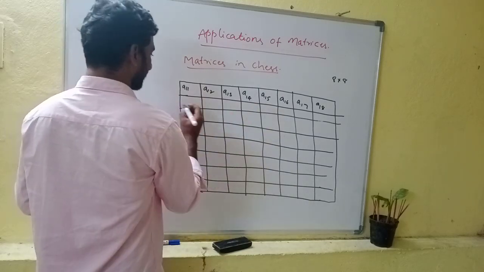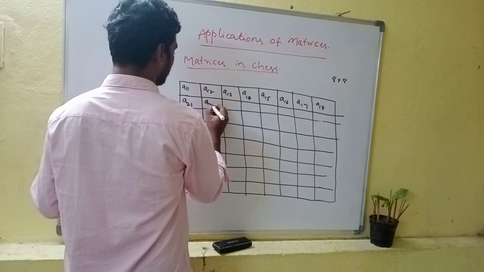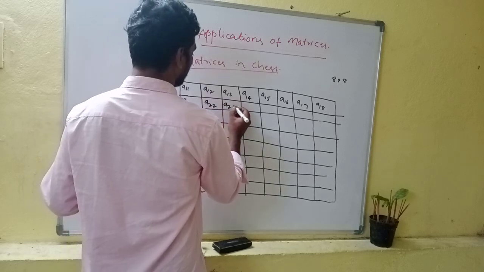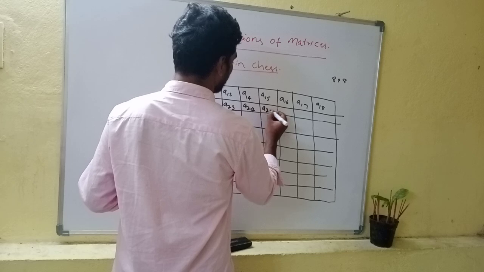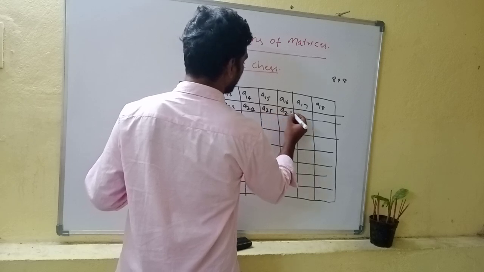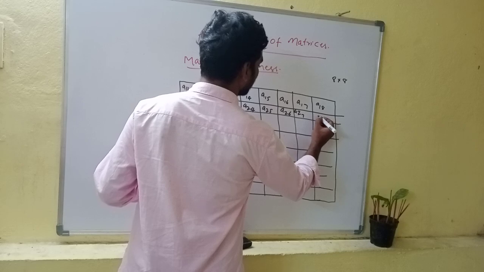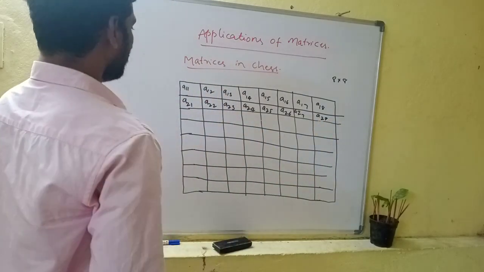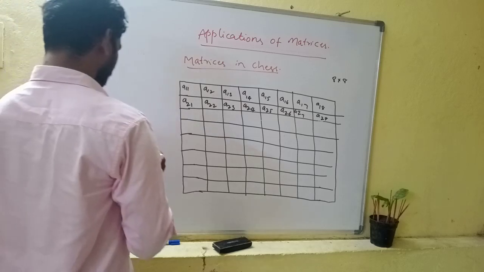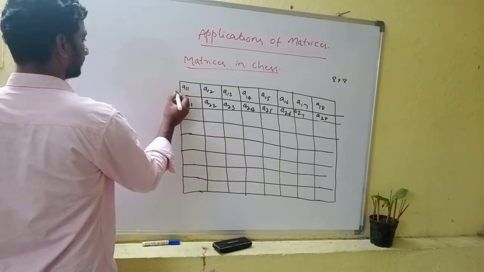This is the second row, right? So this is A21, first column, A22, A23, A24, A25, A26, A27, A28. This is for black.